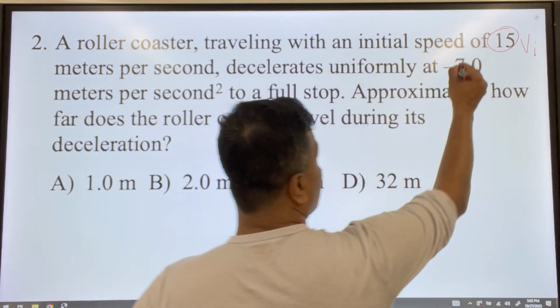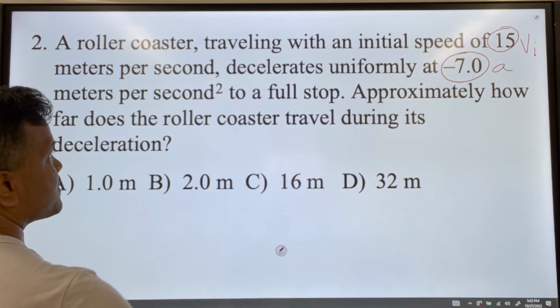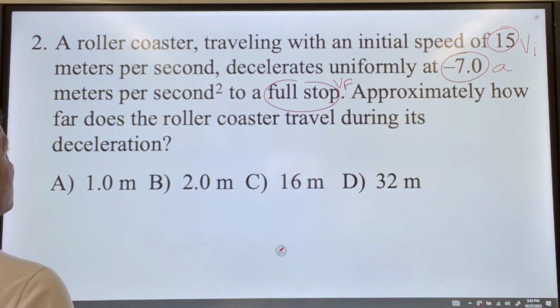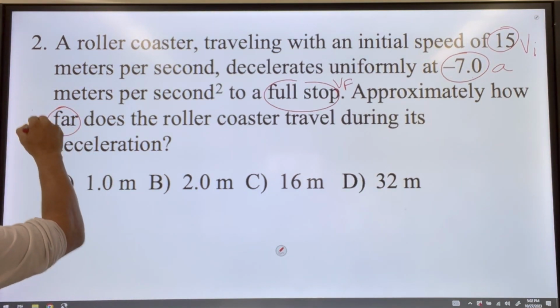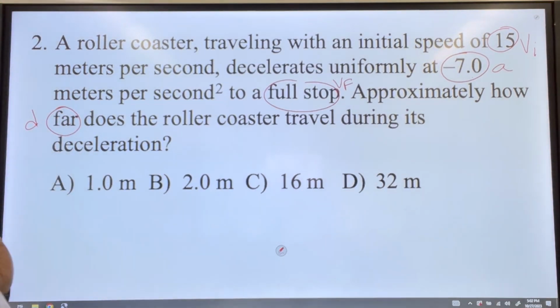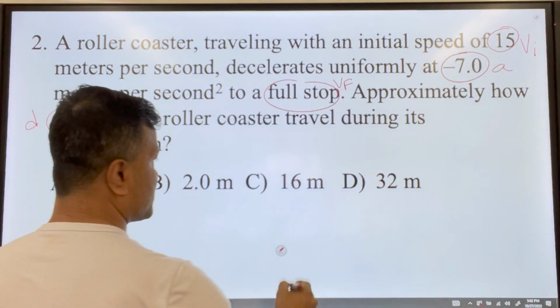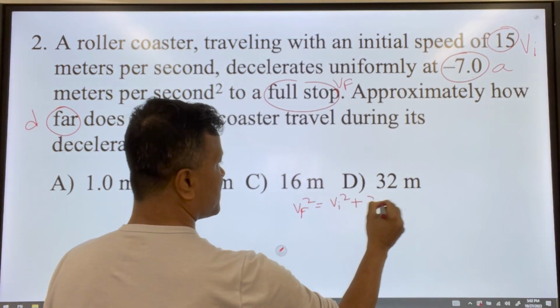It decelerates uniformly, so this is your acceleration. Full stop means, of course, VF is 0. How far does it travel? That means you have to find the d. So you have VI, you have VF, you have acceleration, you're going to find d. So this is simply a VF squared is equal to VI squared plus 2ad problem.